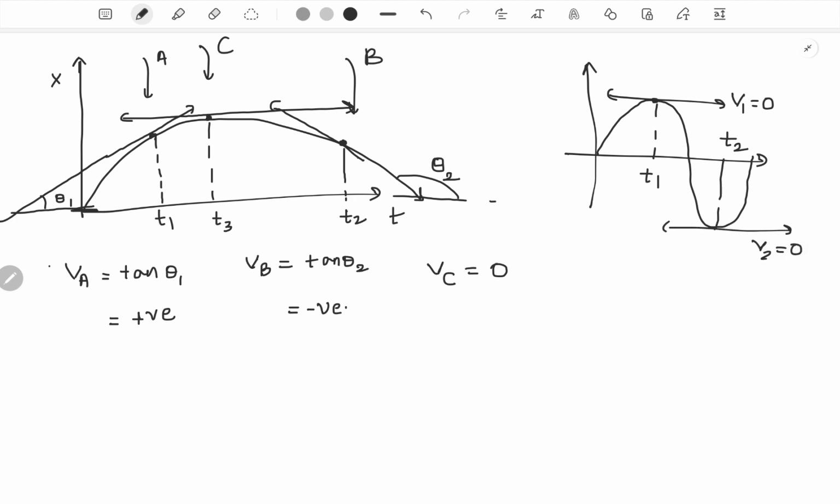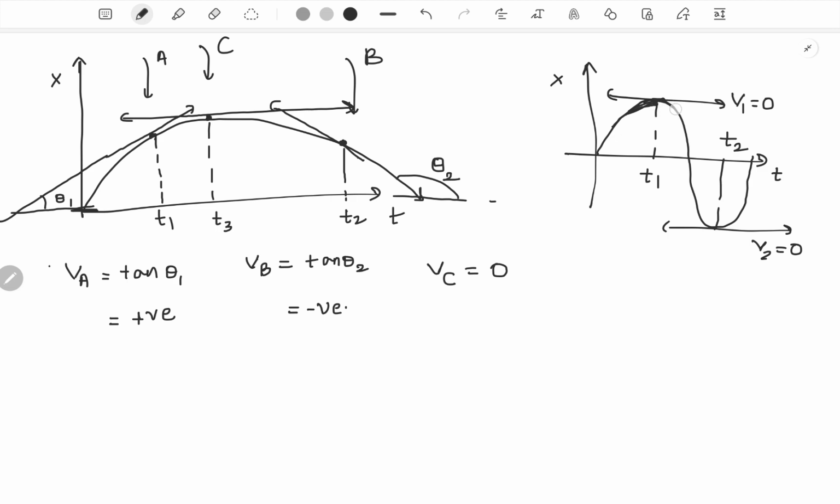One important observation that we need to make here is that if you look at the part of the graph just before t1 and just after t1, until t1 x has been increasing, after t1 x started to decrease. So until t1, the x position has been increasing, which means it was moving in the right direction.